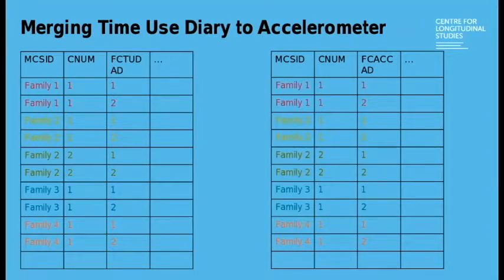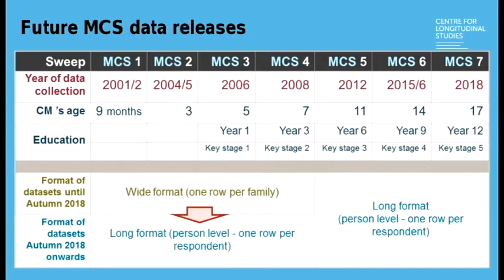So the time use diary is a self-report measure that gives us information on different activities and how time was spent, whereas the accelerometer gives mean acceleration and other acceleration information. The two data sets can be connected directly, taking into account MCS ID, CNUM, and assigned day. The assigned day information from the two data sets is exactly the same. It's the exact same day, I mean.